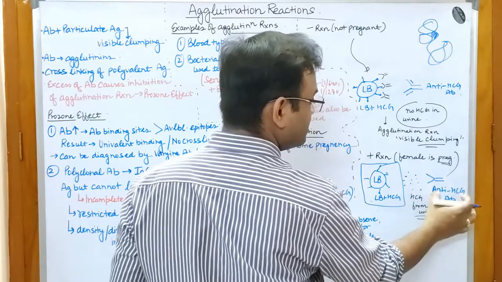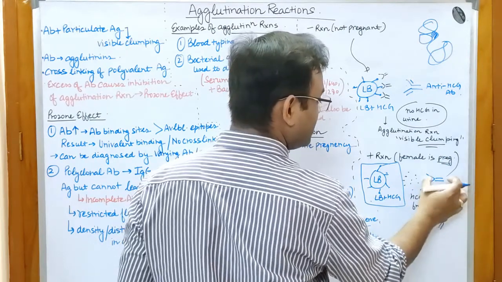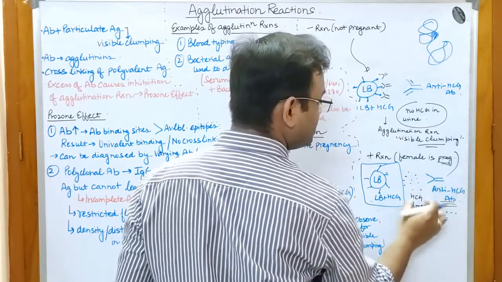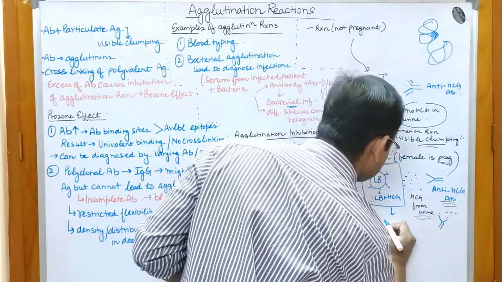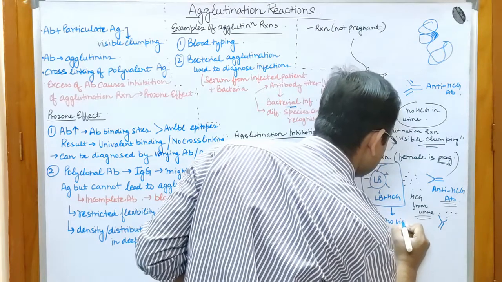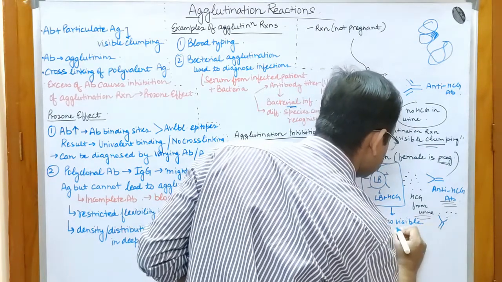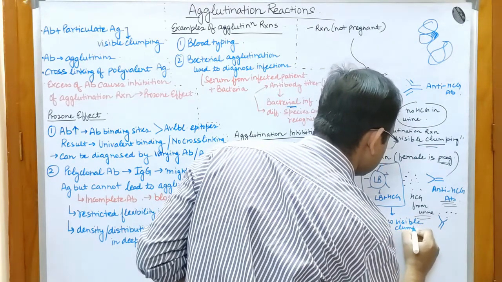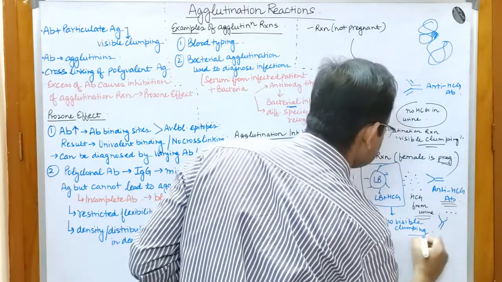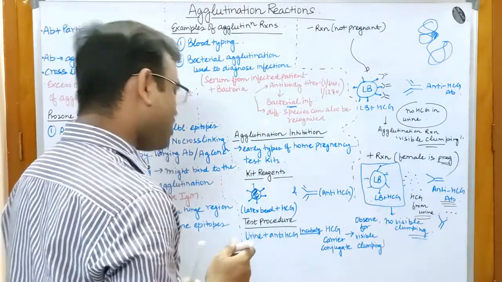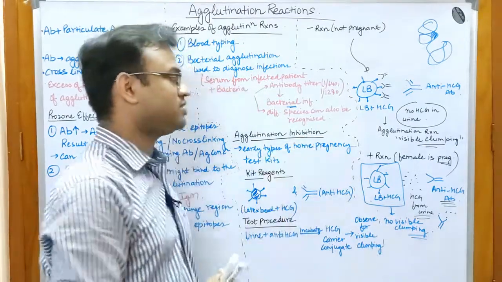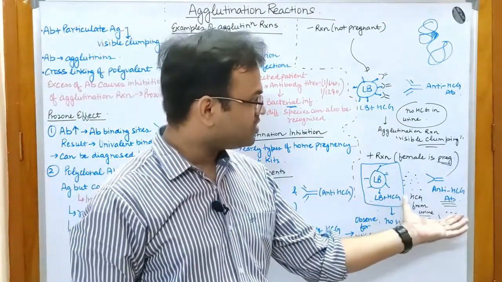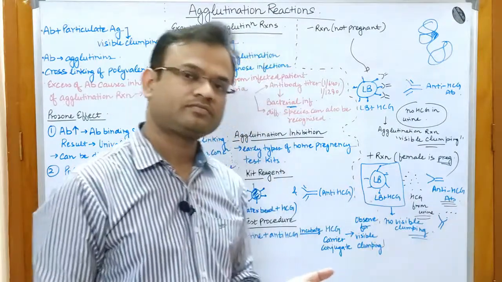Instead, the anti-HCG antibody is now binding to the HCG from the urine. The latex bead HCG is free, so there would be no visible clumping. If there is no visible clumping, agglutination will not happen, and you have inhibited the agglutination. Agglutination inhibition is seen in this kind of test.